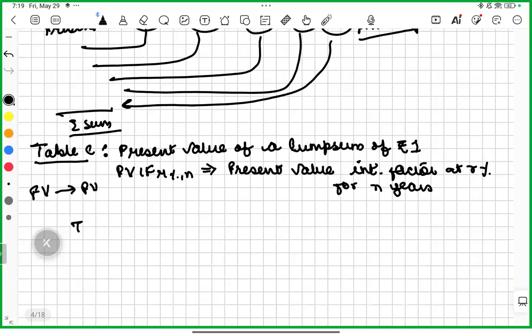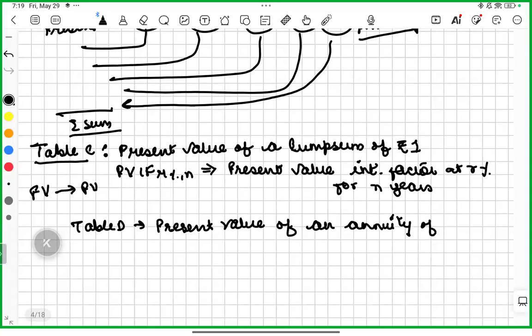Okay. Then you have table D. Table D is called present value of an annuity of rupee 1. Okay, so annuity means same amount every year. So we call it PVIFA at R percentage for n years.